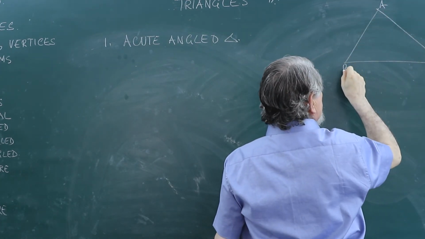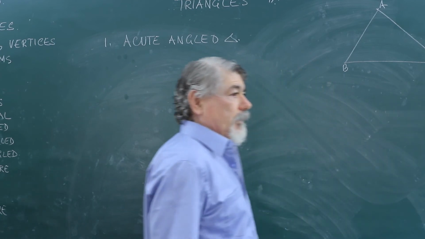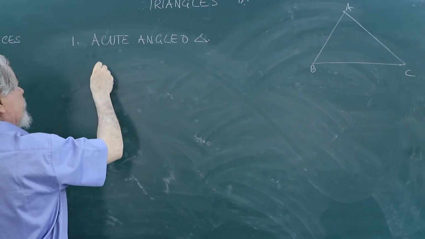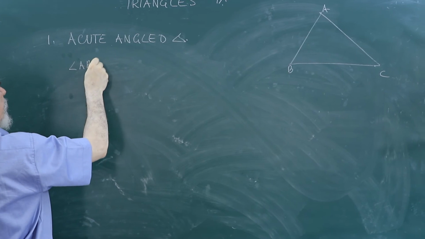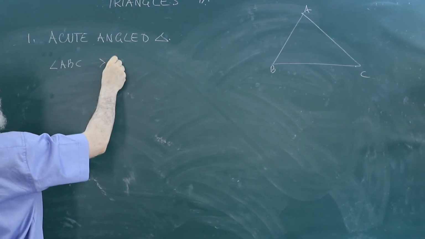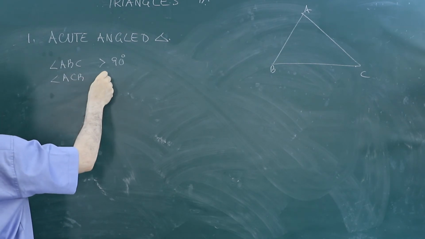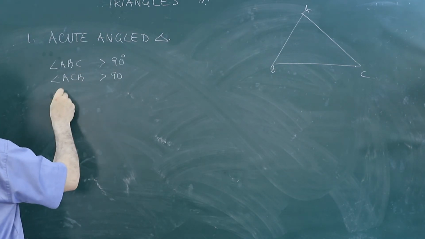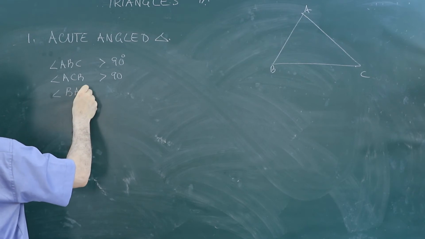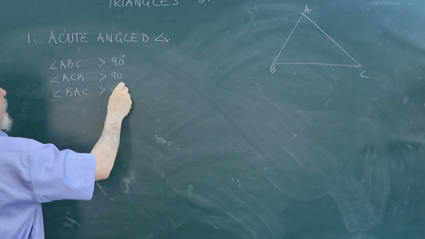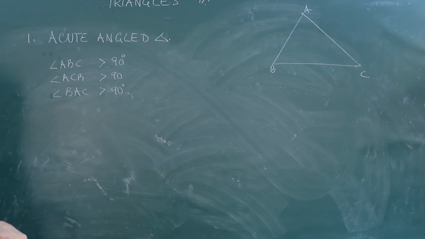ABC is any triangle. If angle ABC is less than 90, angle ACB is less than 90, and angle BAC is less than 90. That means each angle of the triangle is less than 90.